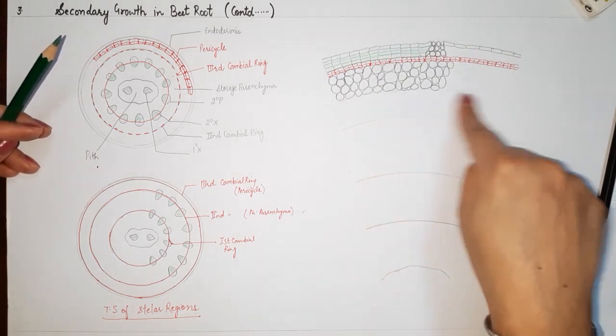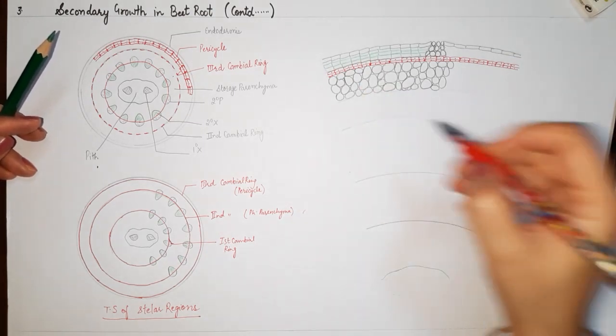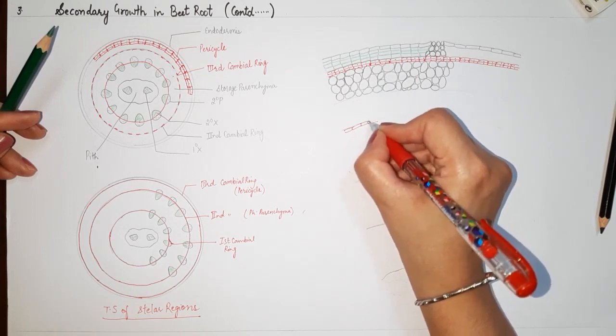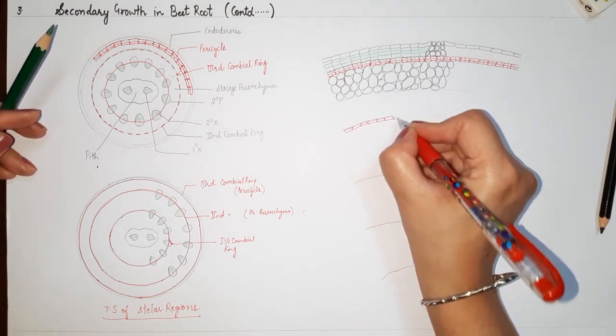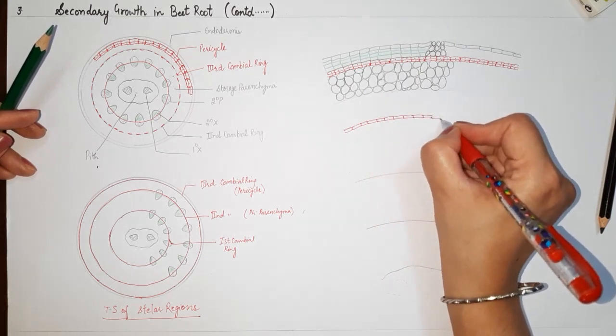Okay, now the next would be the region. This is the third cambium. So along this cambium we are going to show vascular bundles, as we have already drawn all cambia with red color. So use the same color.